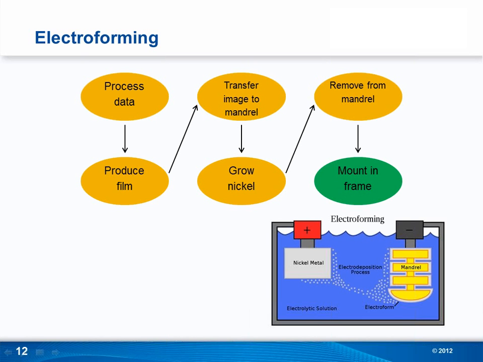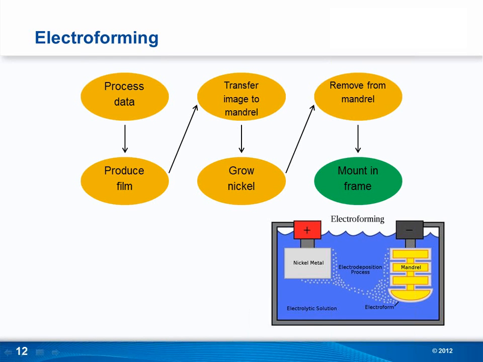Once the metal is thick enough, the mandrel is removed from the chemical bath, the nickel layer is peeled off the mandrel, and mounted in a stencil frame. The mounting can cause another problem because now you're exerting tension on the metal layer, which may stretch the metal to some degree, which in turn will impact aperture location.